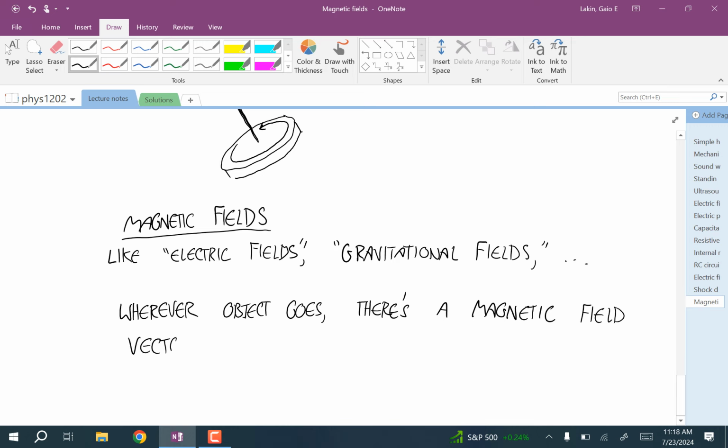And we're going to denote these vectors, like with the electric field, we called it capital E vector, we're going to call this capital B vector. And that vector you can think of as sort of waiting in space to be activated by the particle getting there.